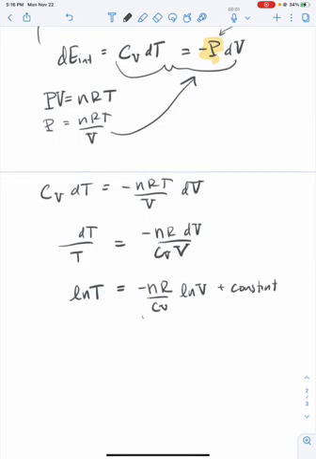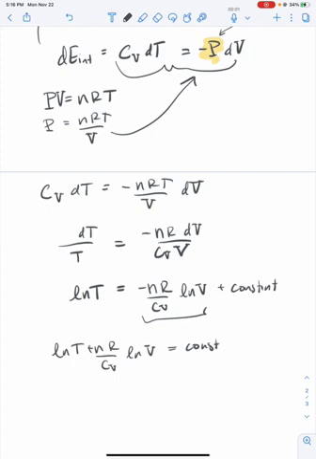And now I can move this over to the other side of my equation. So I get log T plus nR over CV log V is a constant.